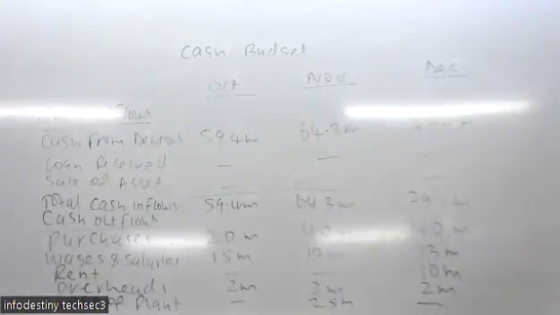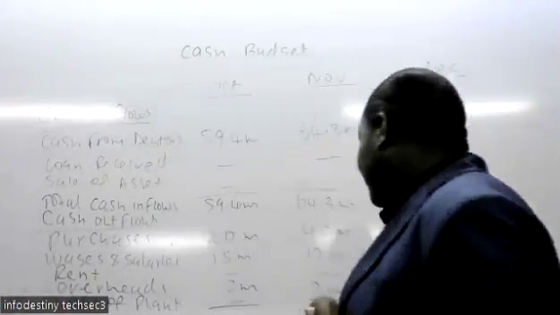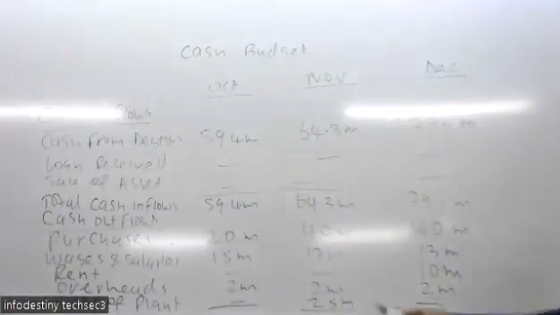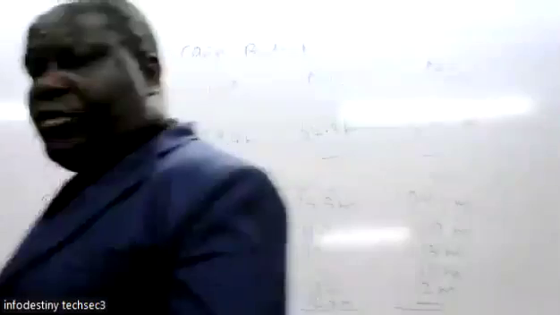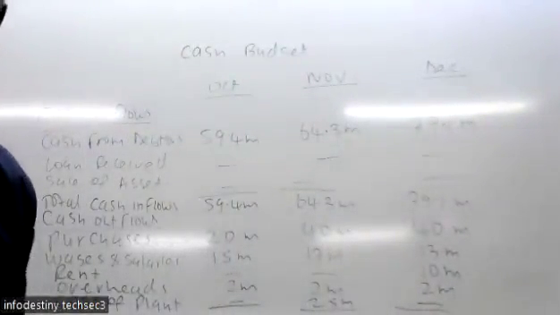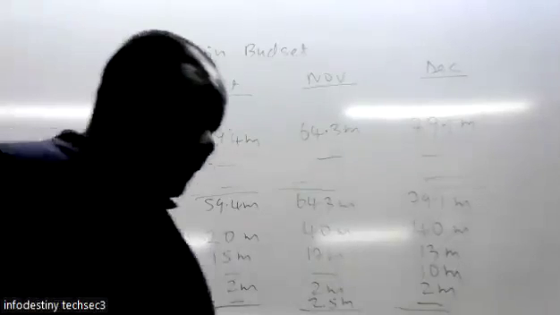First of all, I want you to get the total cash outflows, then subtract them from the inflows to give us the net cash inflows.